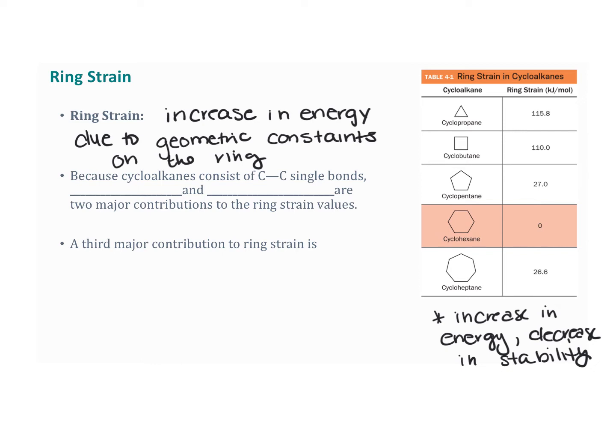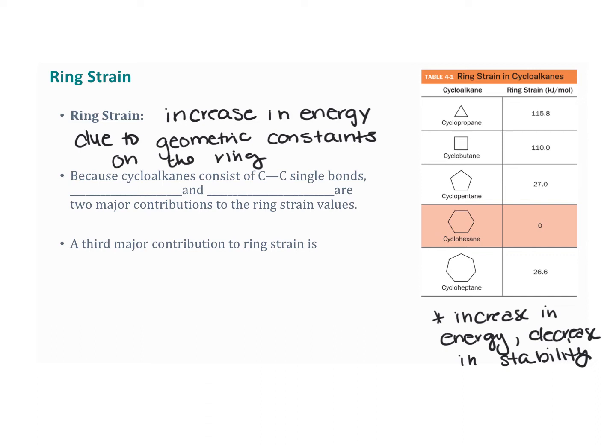And then what we're going to see here is cyclobutane and cyclopropane have substantial ring strain. Now, the ring strain values in table 4.1 are, of course, for cycloalkanes, but the trend that we observe for how ring strain varies with ring size can be applied to other compounds that are not just simple cycloalkanes.